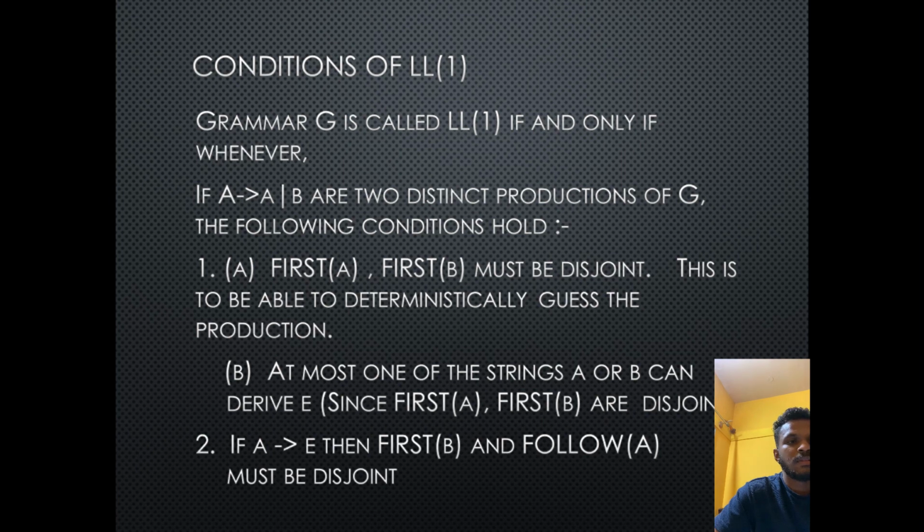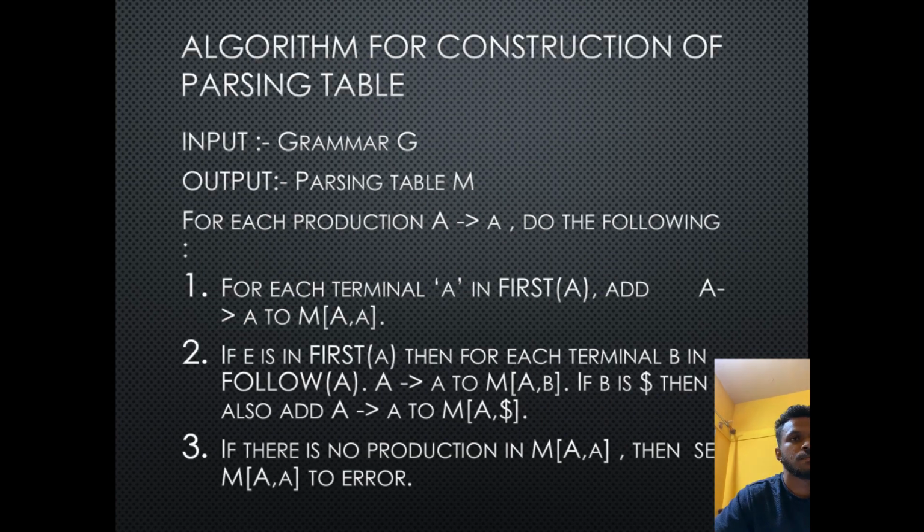Next, at most one of the strings α or β can derive ε. Since FIRST(α) and FIRST(β) are disjoint, if α derives ε, then FIRST(β) and FOLLOW(A) must be disjoint. Those are the conditions, and now let us look at the algorithm for the construction of the parsing table.